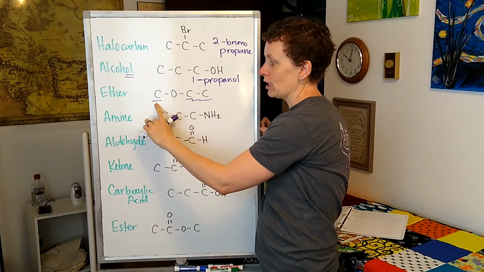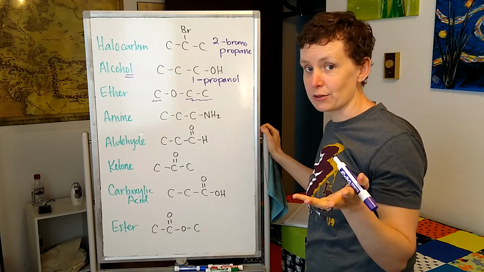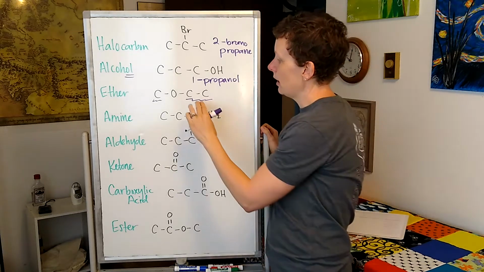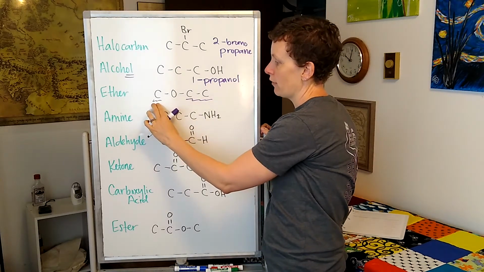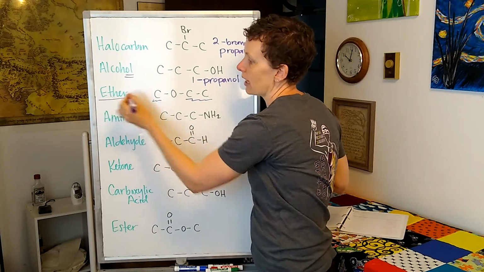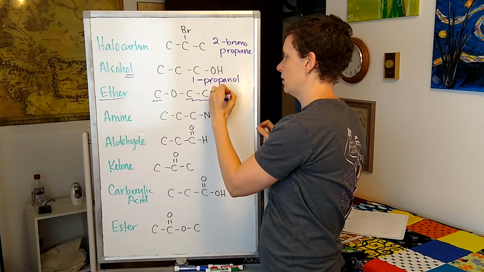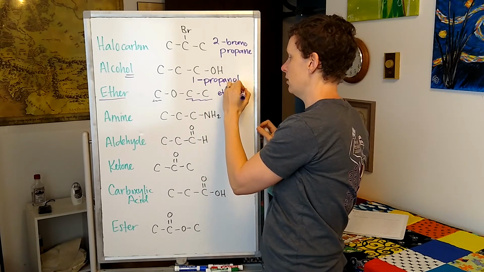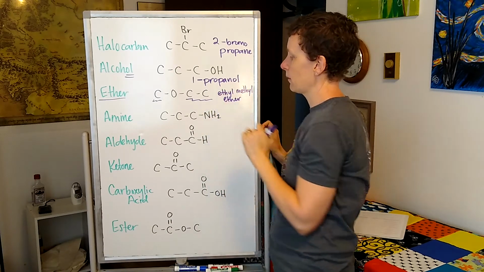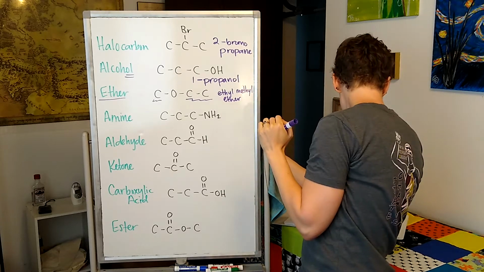This is a methyl branch because it has 1 carbon. And if you remember from branched hydrocarbons, we name our branches in alphabetical order. Okay, so ethyl is before methyl in the alphabet. So this is ethyl methyl ether. Ethers actually end in the word ether. Ethyl methyl ether.